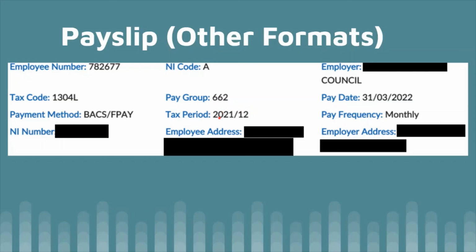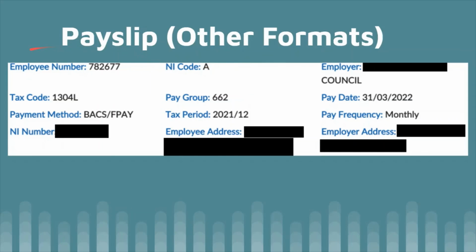This one, it's looking at period 12 of 2021. So that's going to be March 2021, which this payslip relates to, because the period starts on the 6th of April with month 1, the 6th of May for month 2, and the 6th of June for month 3, and so on.